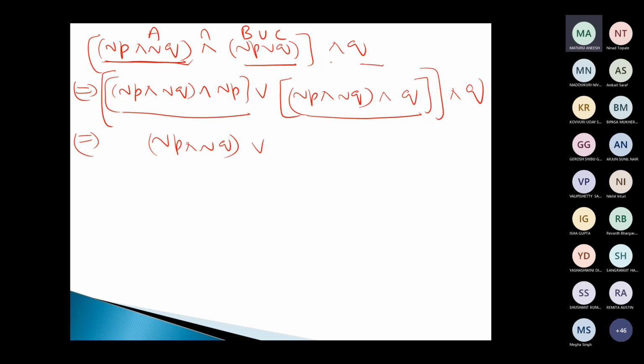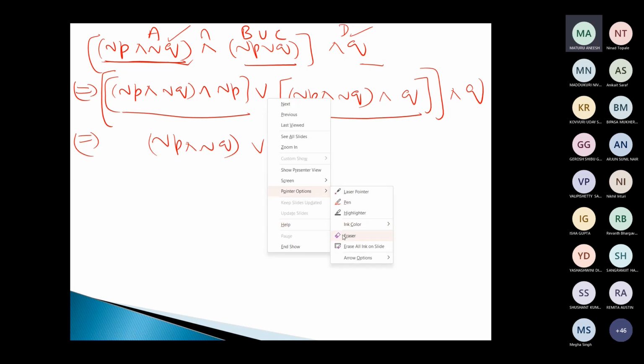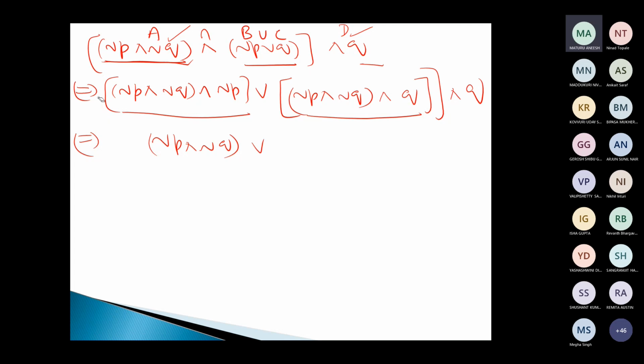Yes, ma'am, this outer Q. So if I call this D, one false will come, right? There itself the problem will be solved. You need not expand further. Correct. Thank you.